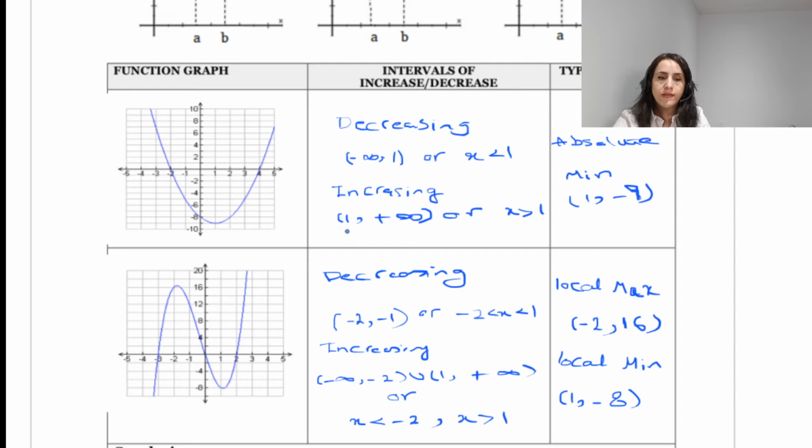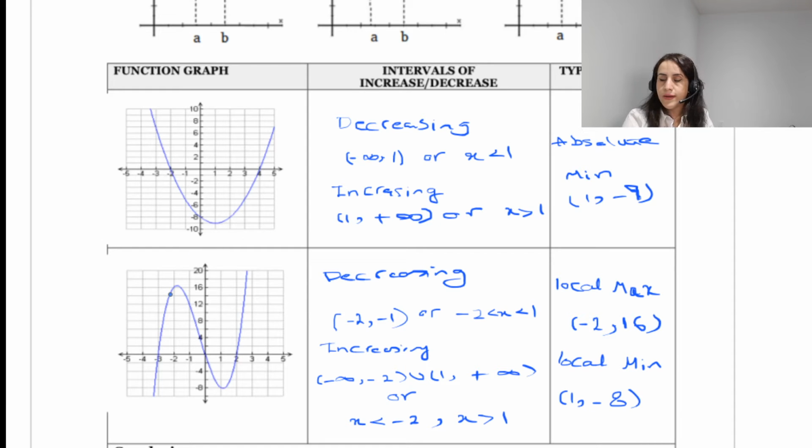For increasing, it's going to be 1 to positive infinity, or x is bigger than 1, as you see here. In this function, I have one maximum or minimum, and technically the minimum here is an absolute minimum. As you see here, it is at 1, and negative 9 is the absolute minimum of this function.